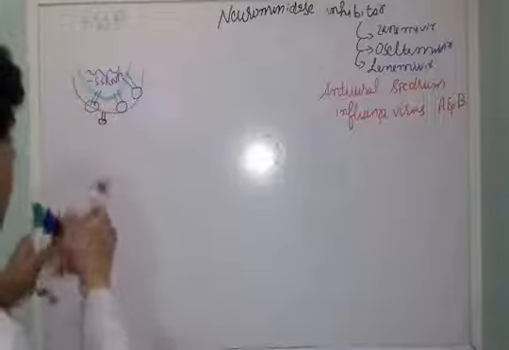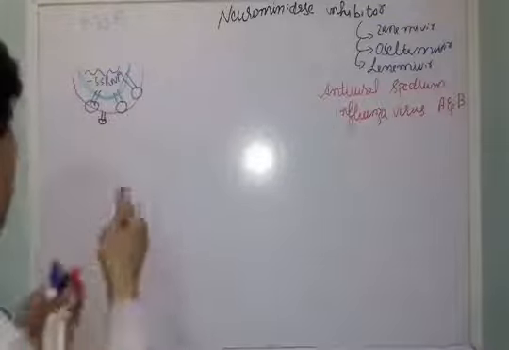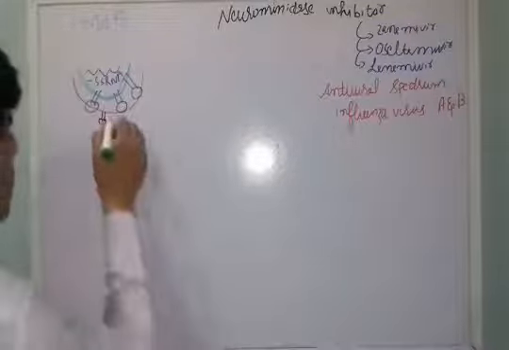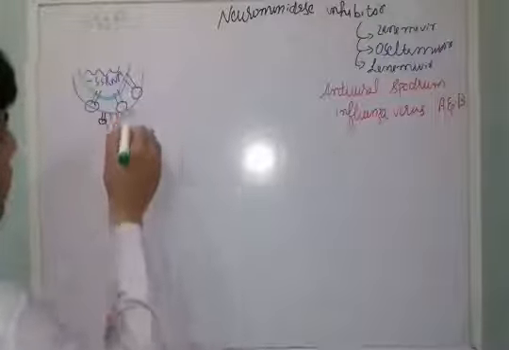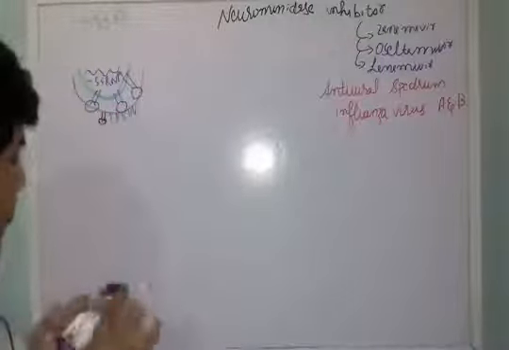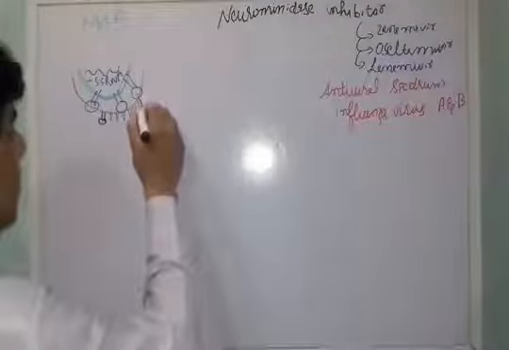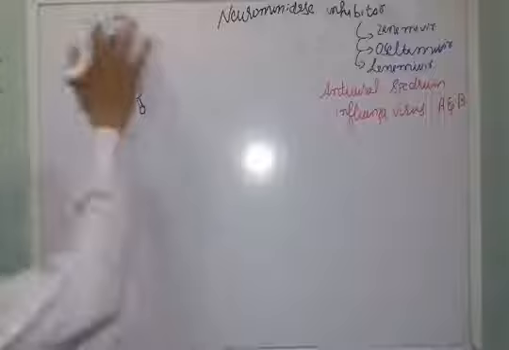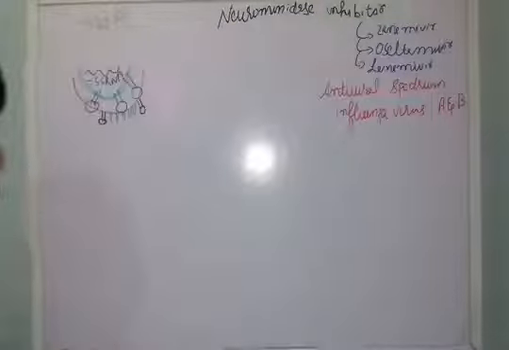And along with the neuraminidase enzyme, there are some other protein-like structures, and usually we call that hemagglutinin. After some hemagglutinin, again neuraminidase enzymes are present. Fine. So these neuraminidase are present on the envelope area of this influenza virus.